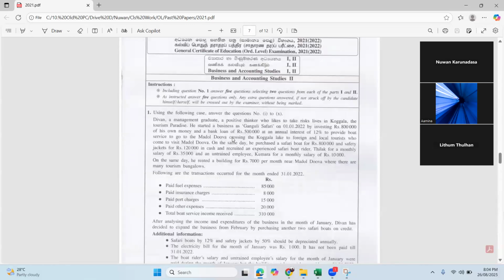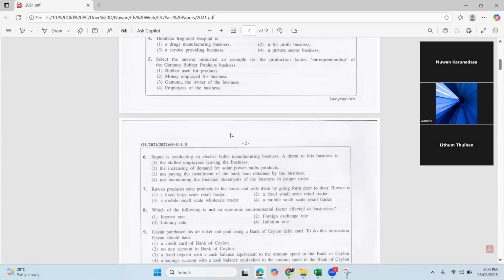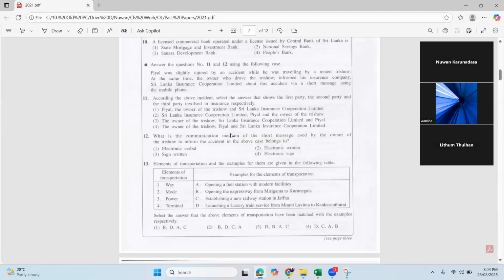Right, so if you go to section A here, you can see some MCQs they have tested from this section.